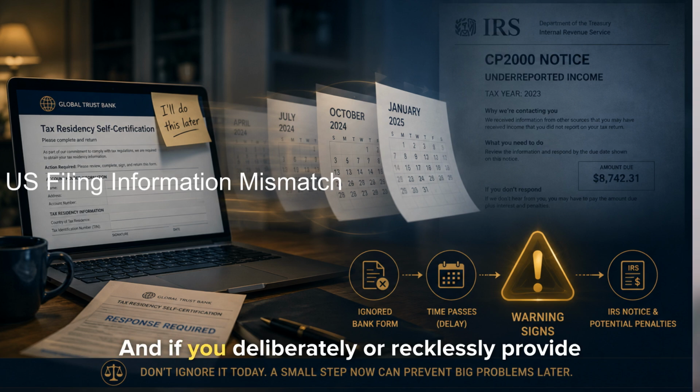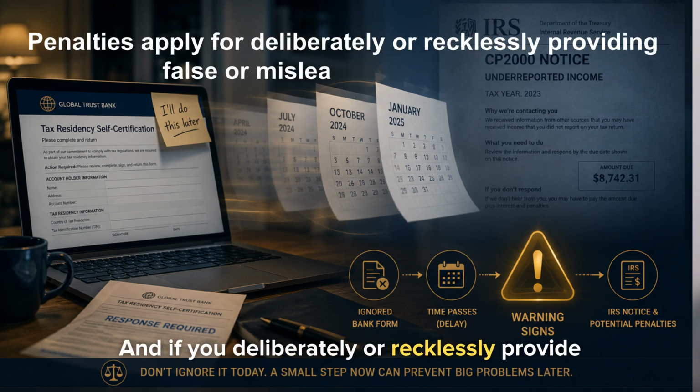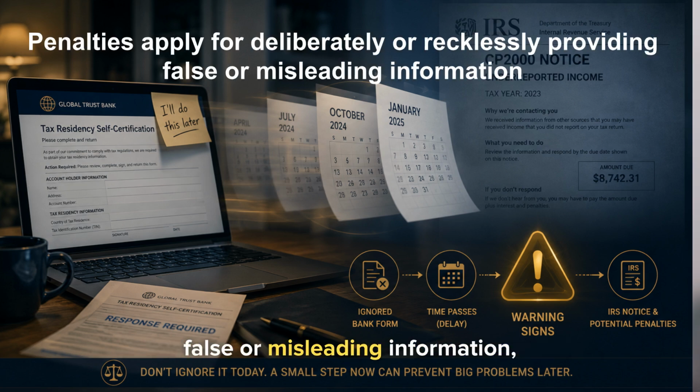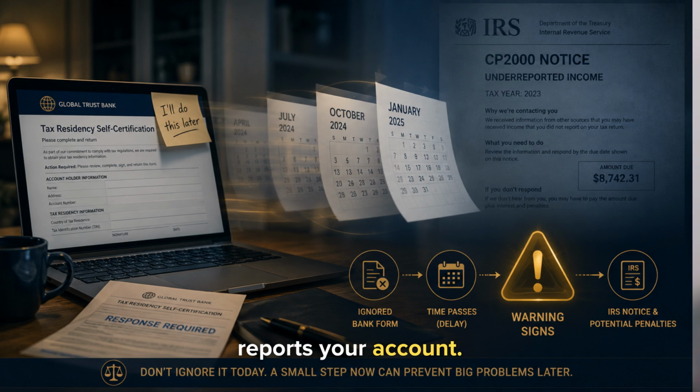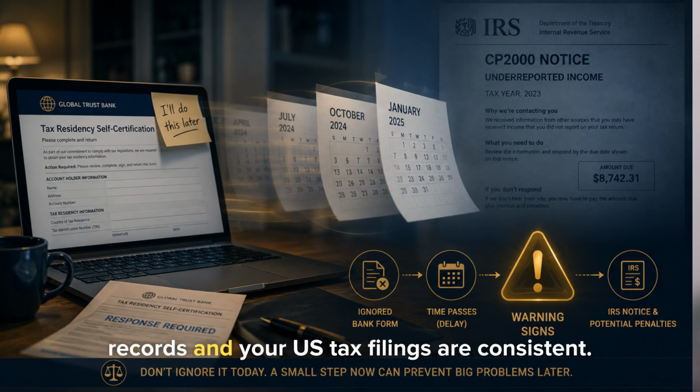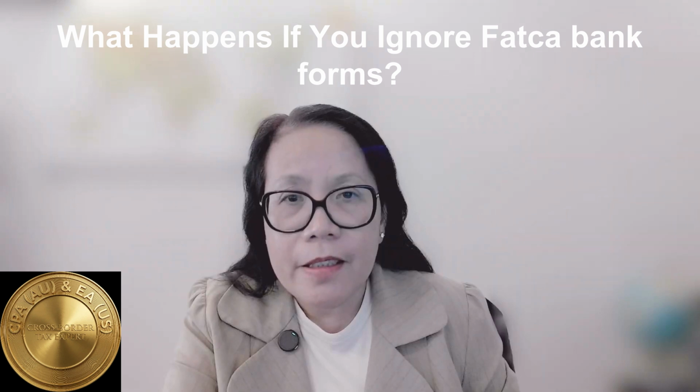And if you deliberately or recklessly provide false or misleading information, penalties may apply. So the issue is not just whether your bank reports your account. The issue is whether your answers, your records, and your US tax filings are consistent.